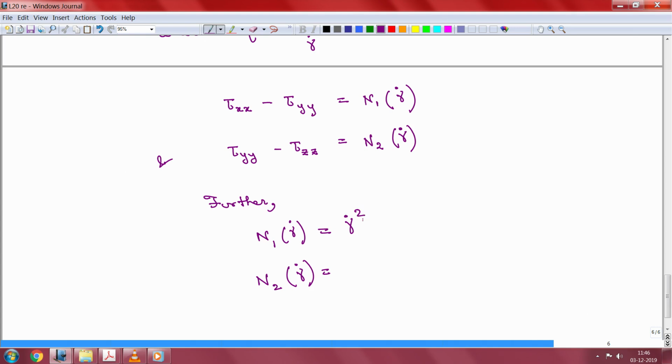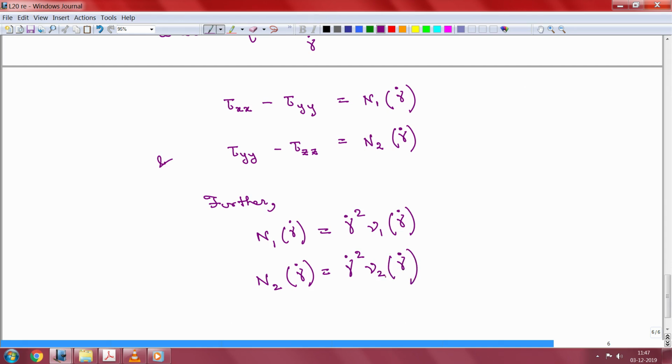I can make that even function by selecting gamma dot square multiplied by some mu 1. Okay. I am not going into the derivation of why it is exactly like this, but I am just trying to physically argue that these will be even functions, and so this is a functional form that satisfies that criteria.